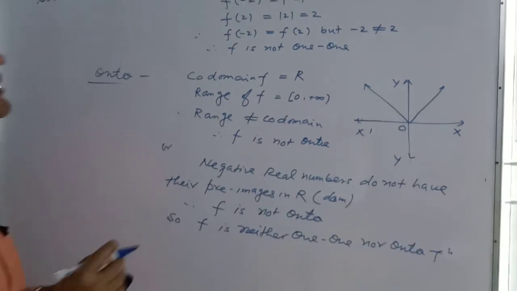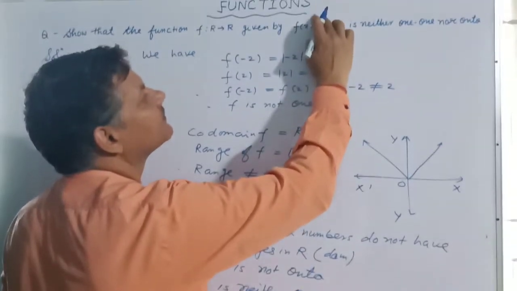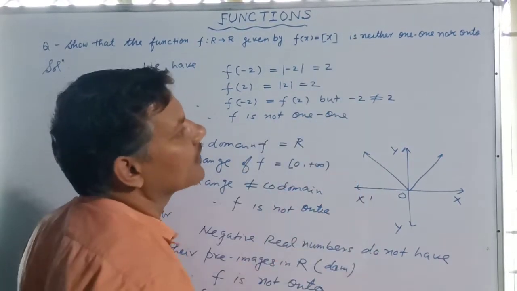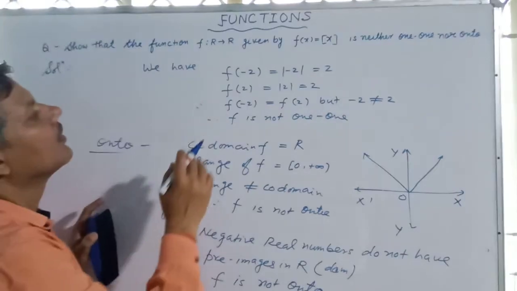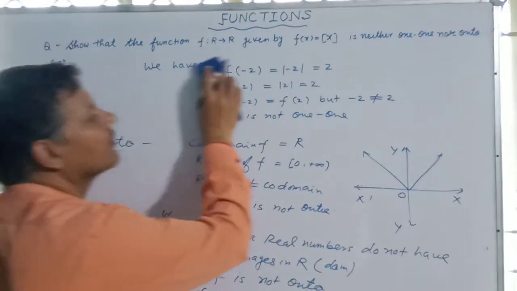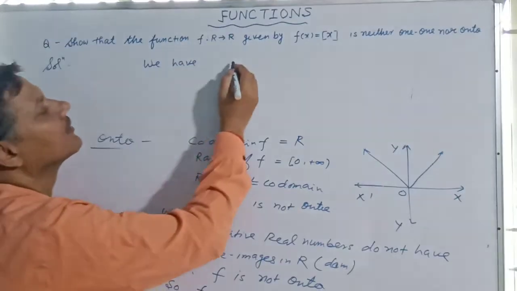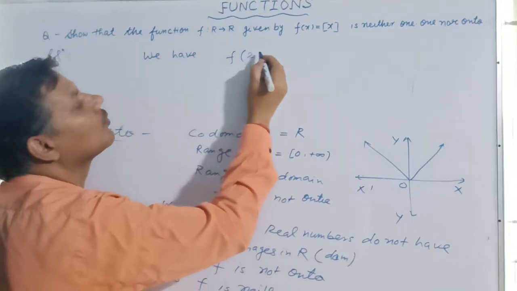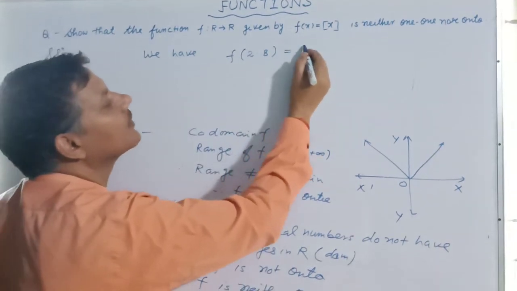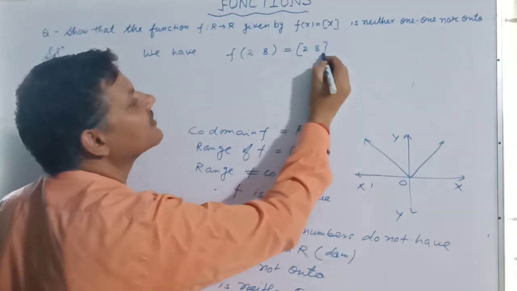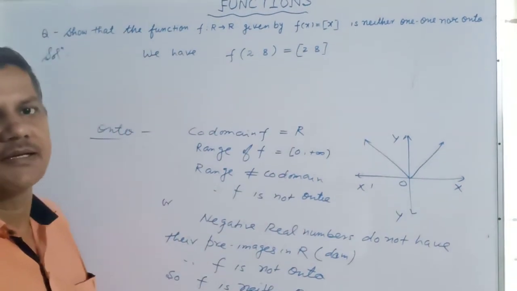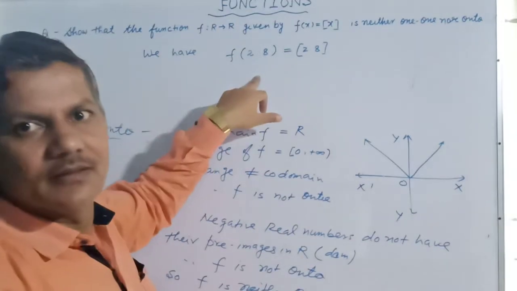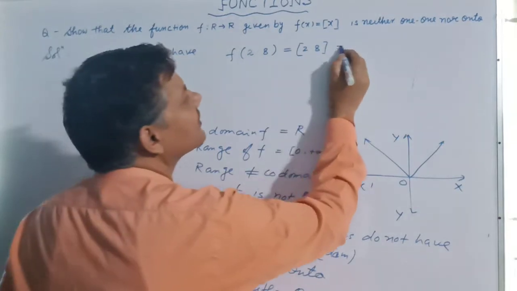In the same way we can explain the greatest integer function. Again it is neither one-one nor onto. This time when we take this type of element, just take 2.8 and its image under the greatest integer function will be the integer just less than that real number, and it comes as 2.